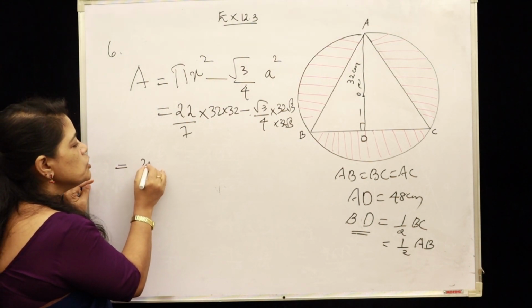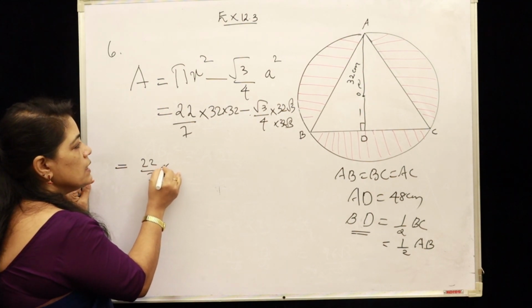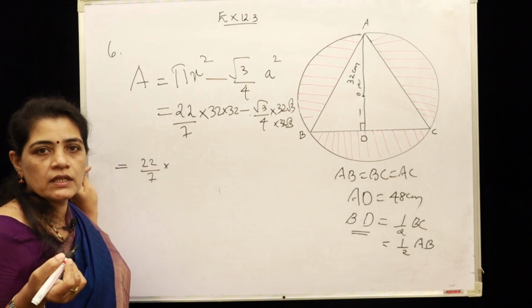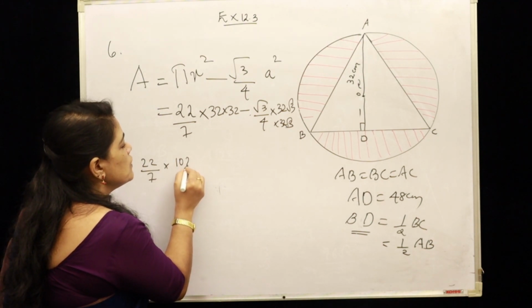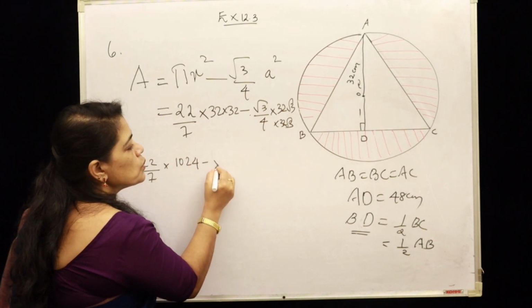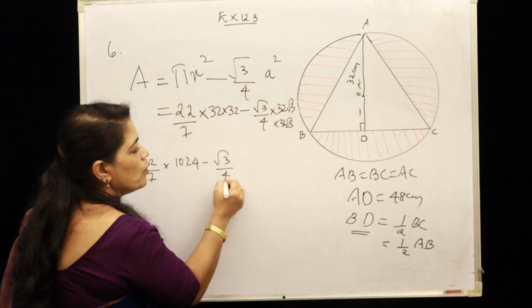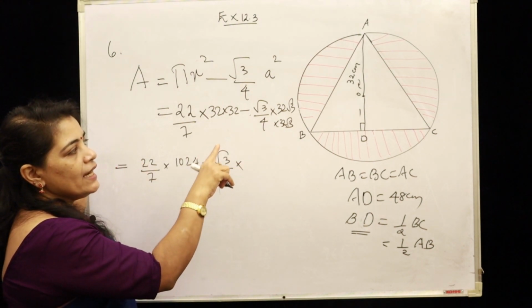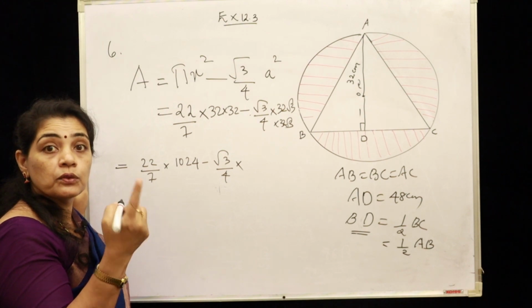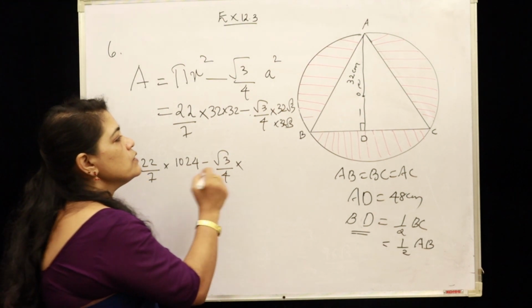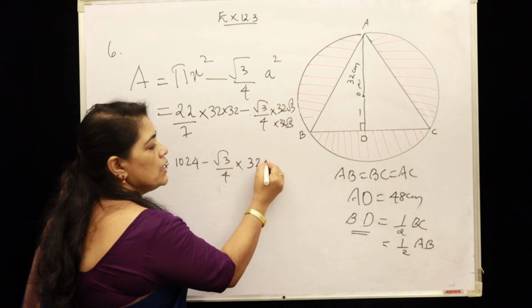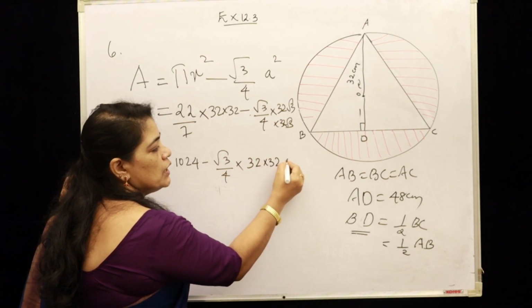So 22 by 7, 32 into 32 is 1024, square. 1024 minus root 3 by 4 into, again 32 into 32, root 3 into root 3 is 3. So 32 into 32 into 3.